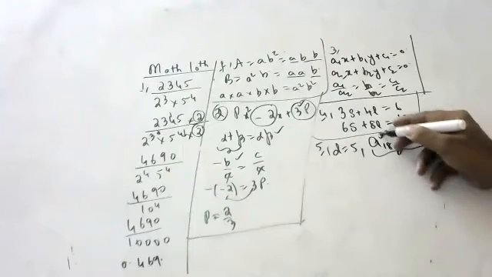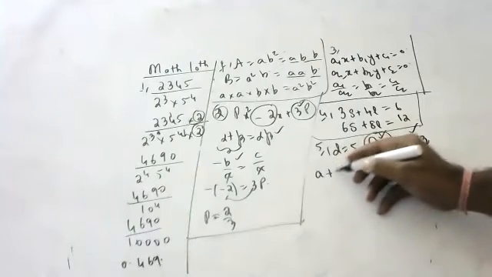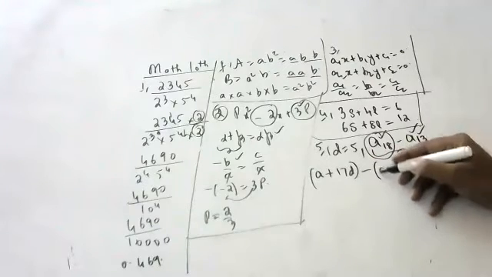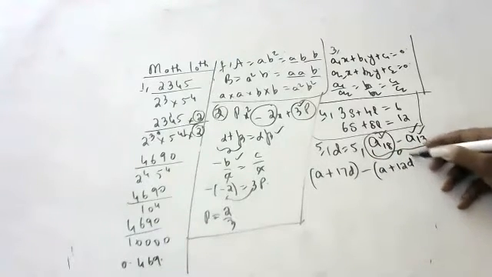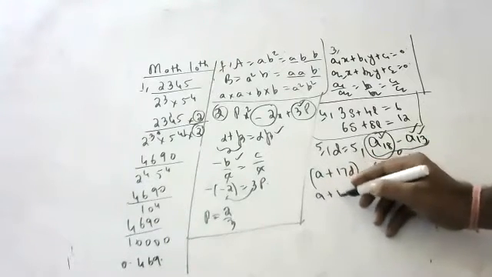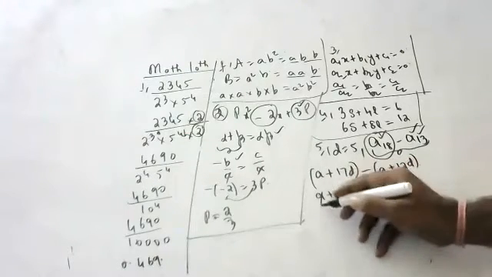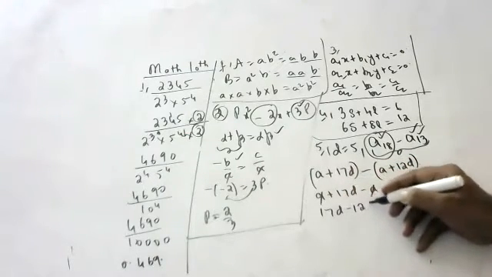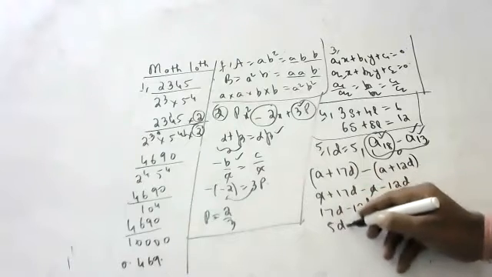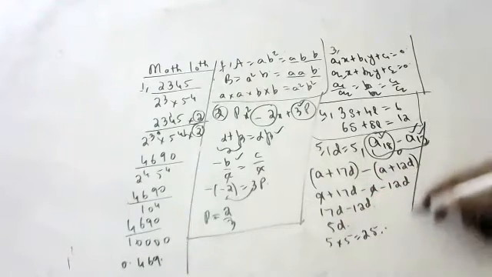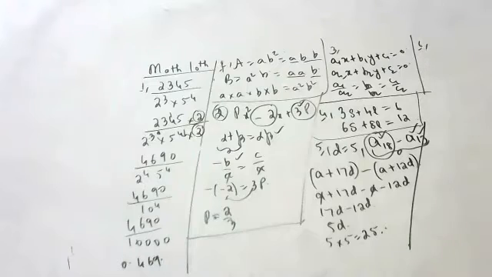Sir, a18 is a plus 17d, a13 is a plus 12d. So a plus 17d minus a plus 12d. A cancels, 17d minus 12d is 5d. 5 into 5 is equal to 25. Very good, fantastic.